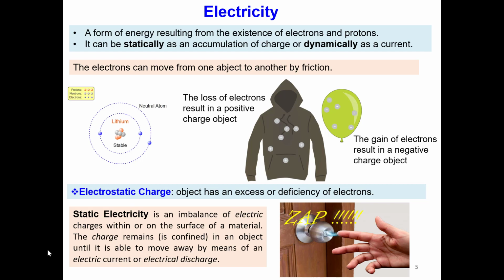This is what happens when our body gets charged and we touch the knob of a door: we feel a shock. As this happens, our body is electrically discharged at that moment.